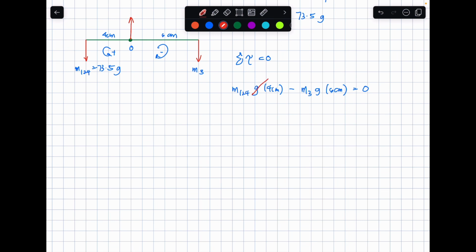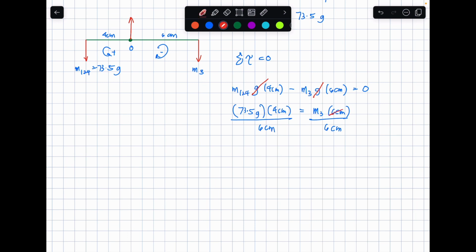So G will be cancelled out. And then we have M1 to 4, which is 73.5 grams, and 4 centimeters equals M3 times 6 centimeters. So we divide both sides by 6 centimeters.